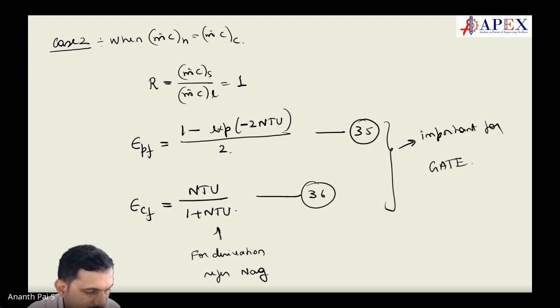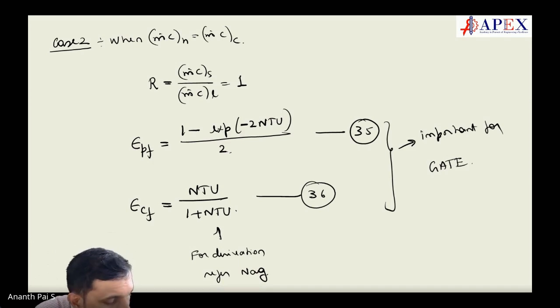It does not become 0 by 0, it is 0 by 0. 1 minus 1 becomes 0, right? It becomes indeterminate, obviously.